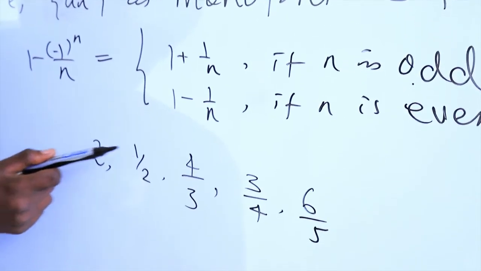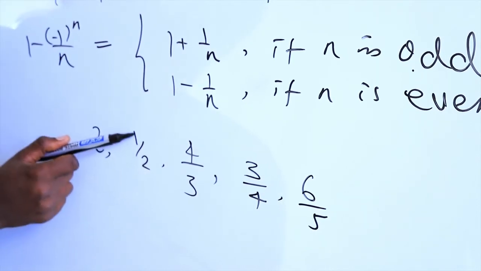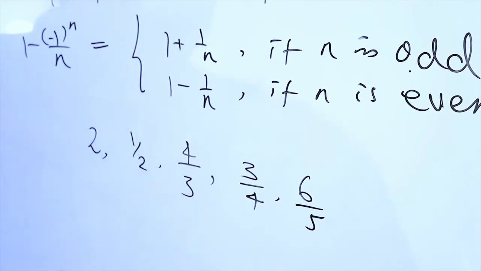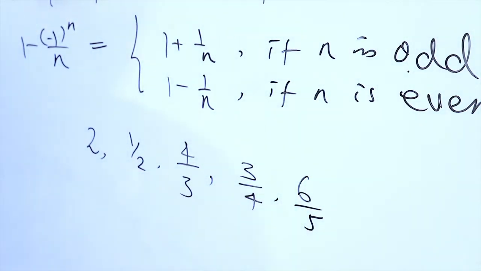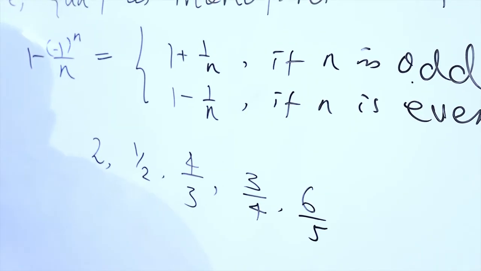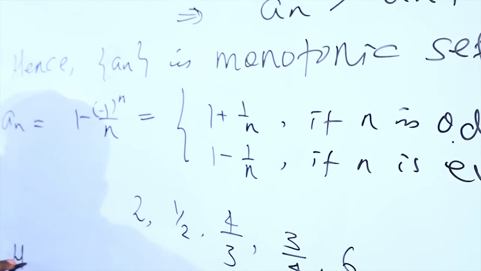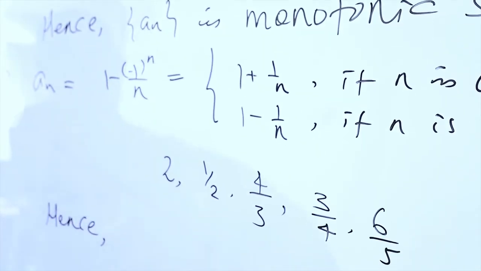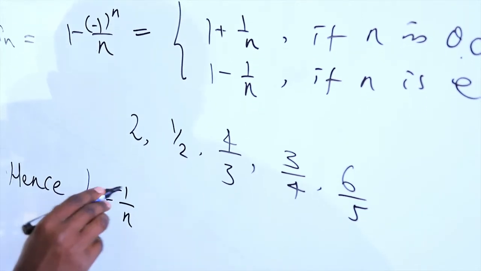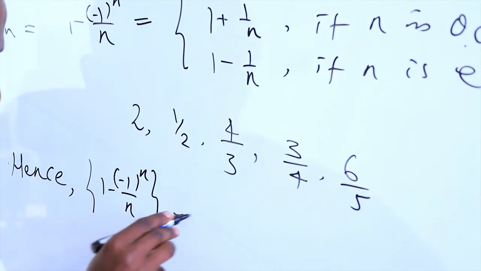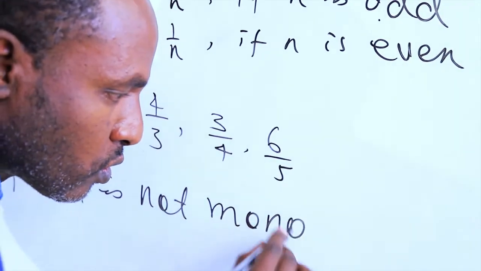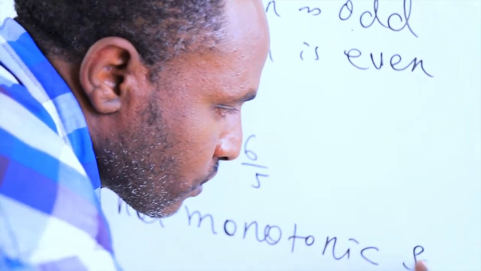From 2 to 1 over 2 it is decreasing, and from 1 over 2 to 4 over 3 it is increasing. So this sequence is neither totally increasing nor totally decreasing. Hence, we can generalize that the sequence 1 minus negative 1 to the power of n over n is not a monotonic sequence.